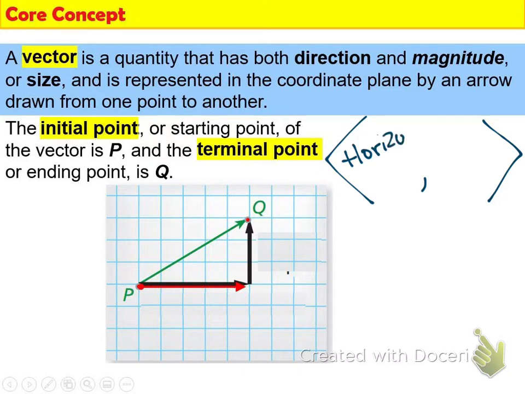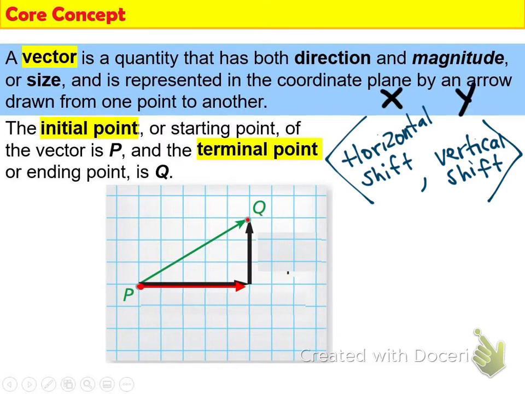And then you write the horizontal shift first, and your vertical shift second. So horizontal shift, and then your vertical shift. It's easy to remember which order because it's X and Y, right? Which axis is horizontal? The X, and then the Y is the vertical axis.